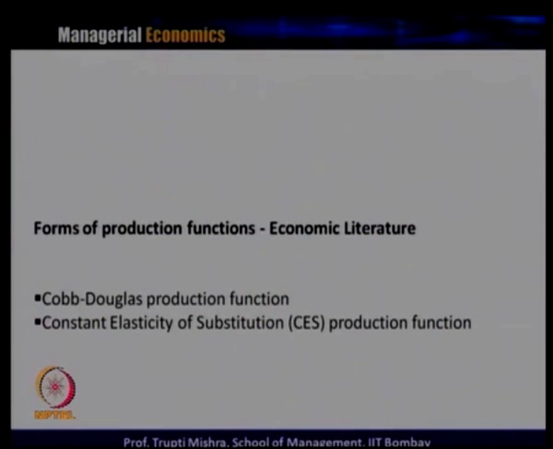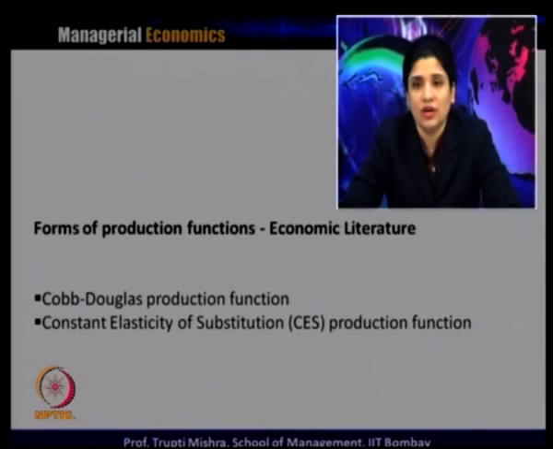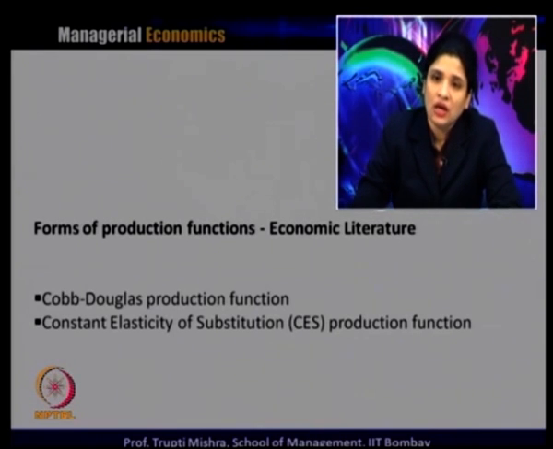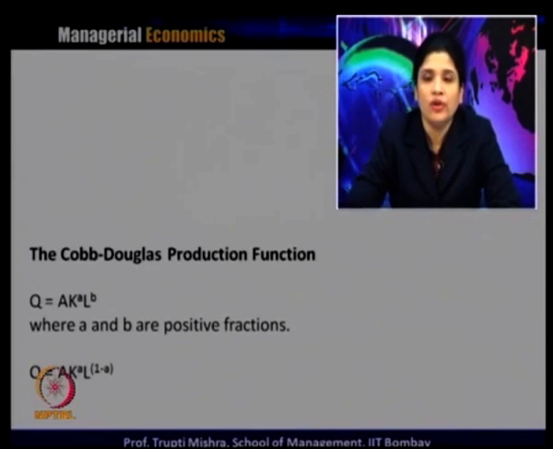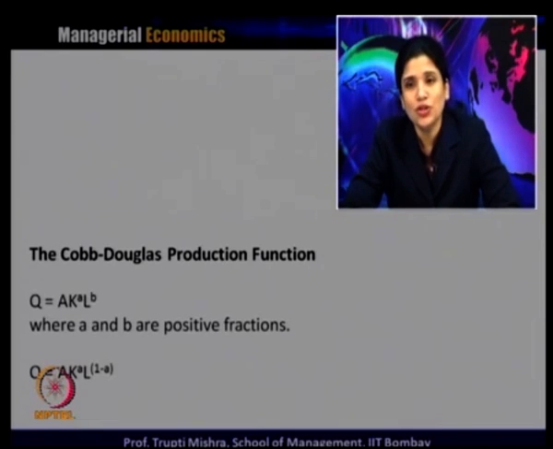One is the Cobb-Douglas production function, and the second is the constant elasticity of substitution production function, that is, the CES production function. Today we will focus more on the Cobb-Douglas production function because it is mostly used in economic analysis.